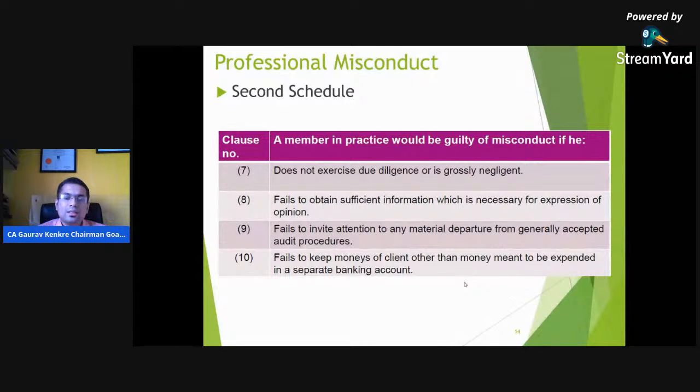Fails to invite attention to any material departure from generally accepted practice procedures. So this becomes very relevant in the context of our current COVID-19 pandemic. Due to this COVID-19 pandemic, a lot of regular audit procedures, a lot of regular audit tools will not be able to be used by us.